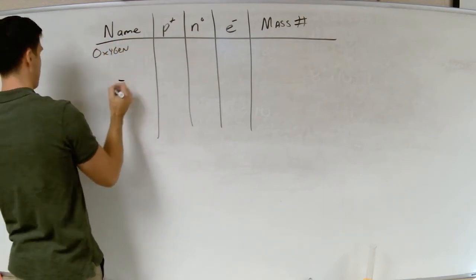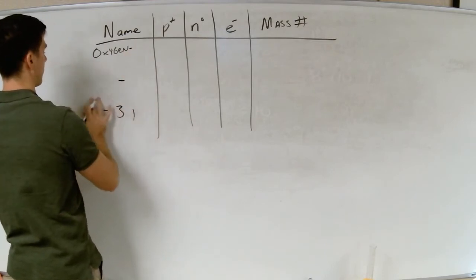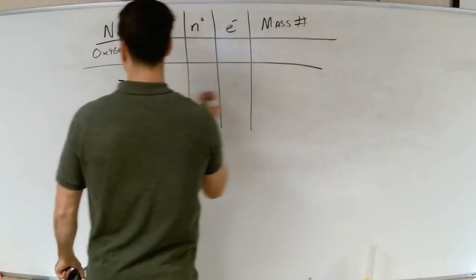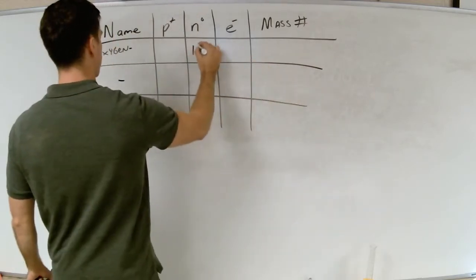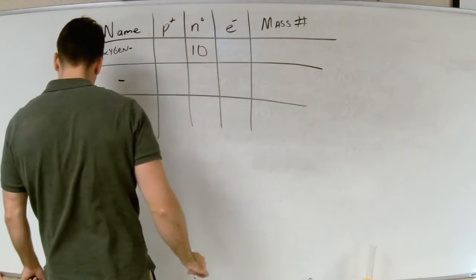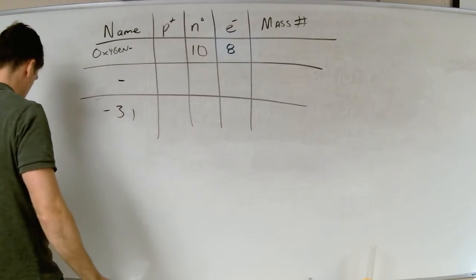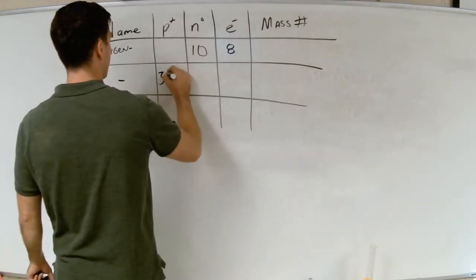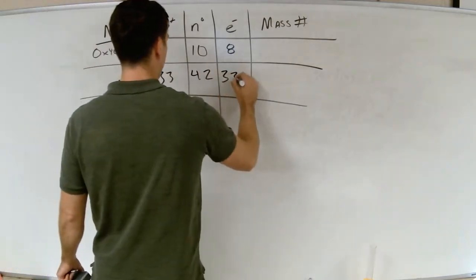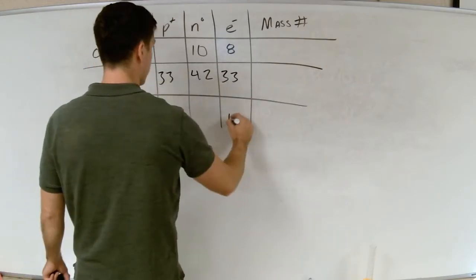We have something you're not going to know, and we have something you're not going to know. We have 10. That's all we're going to have. Let's go with 8 there. Let's go with 33, 42, 33, and let's go with 15 and 15.